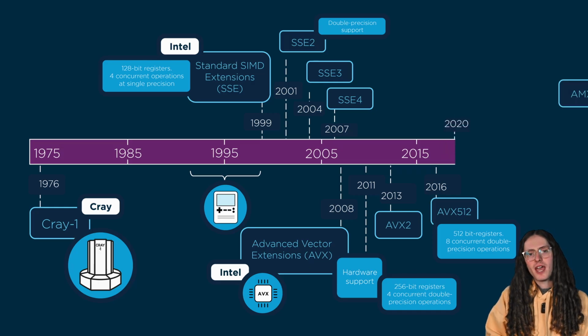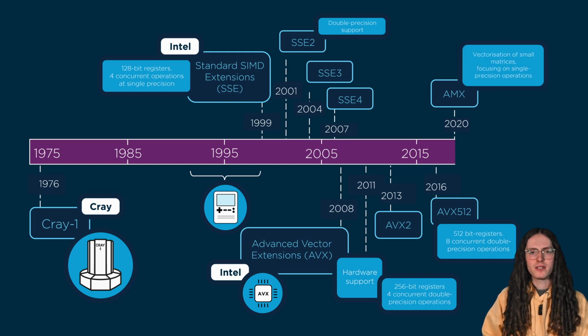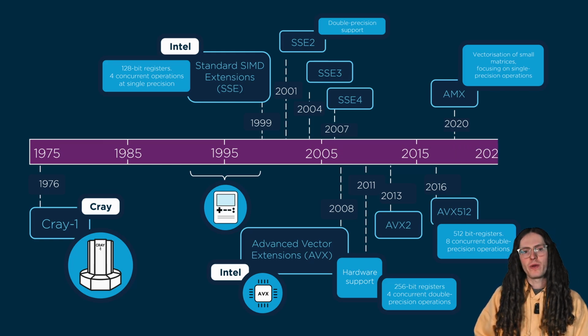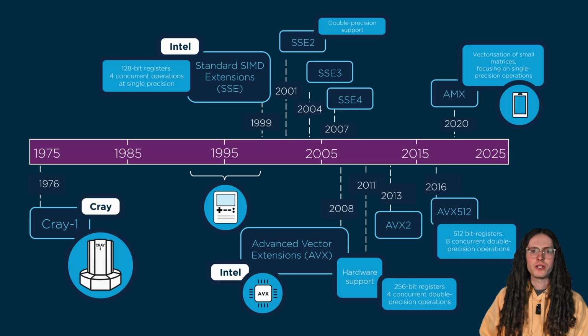Beyond AVX, AMX, or Advanced Matrix Extensions, introduces vectorization concepts for small matrices at single precision. Such extensions are commonplace even in 2025 in an unexpected place, phones, since these represent tightly coupled coordination between hardware designers and software vendors. If history is any indicator, we predict the next generation of AMX2 to support double precision.